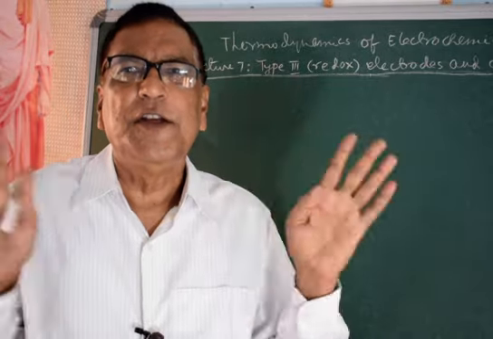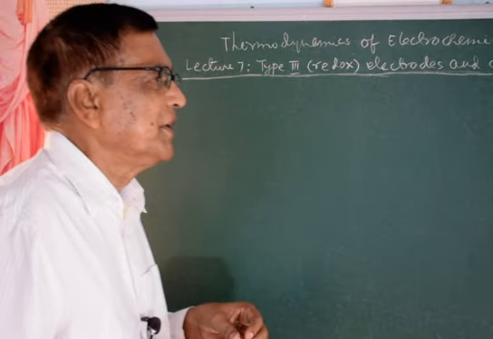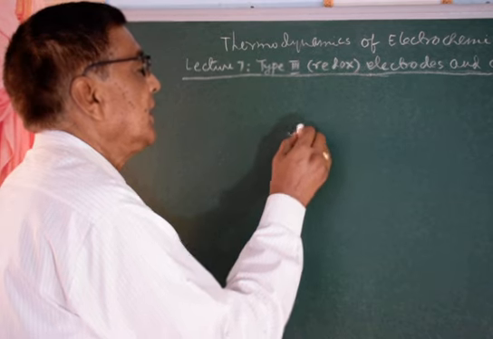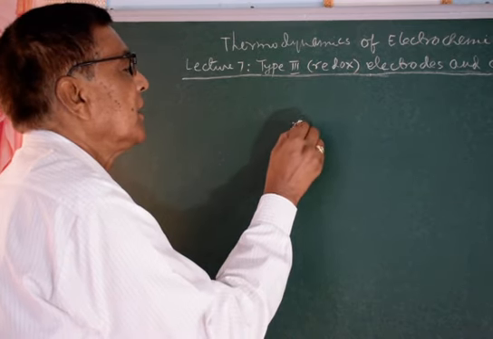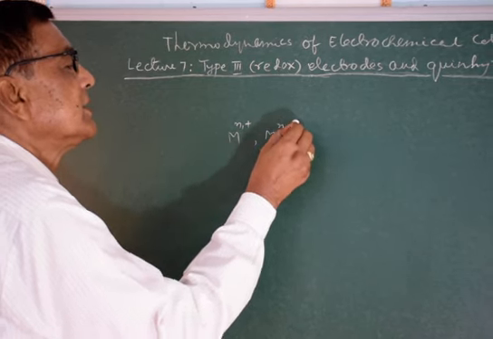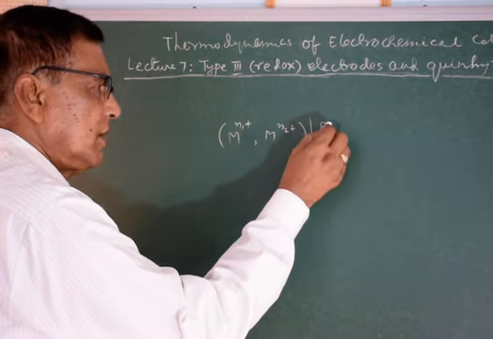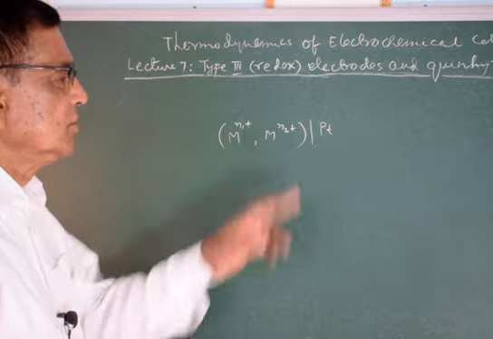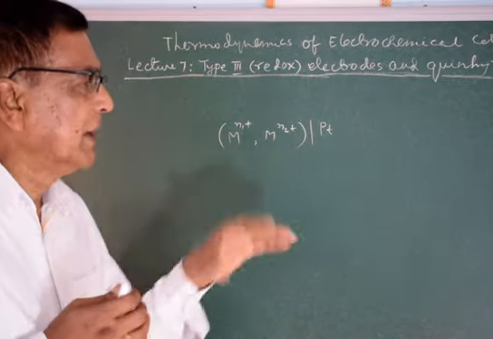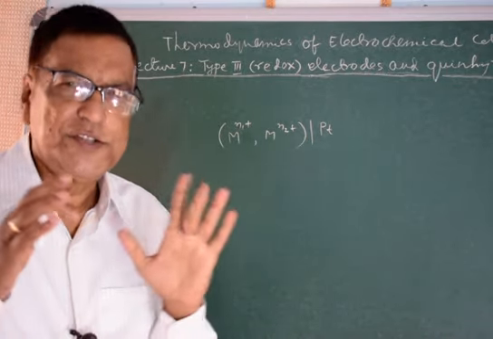It is the simplest type of this electrode, and we can represent this electrode as Mn1+ and Mn2+. These are in solution, and this inert platinum electrode is dipped into the solution to pick up the potential where it forms and supply it where it is required.